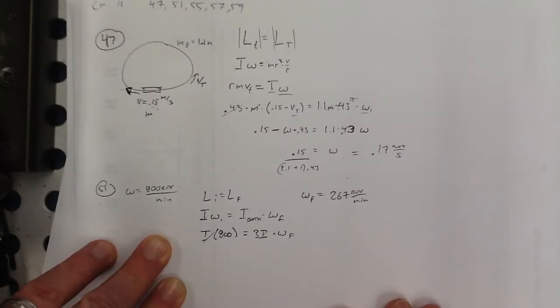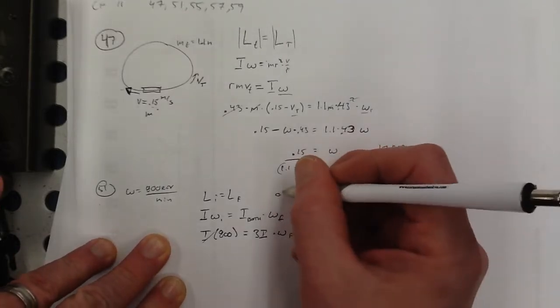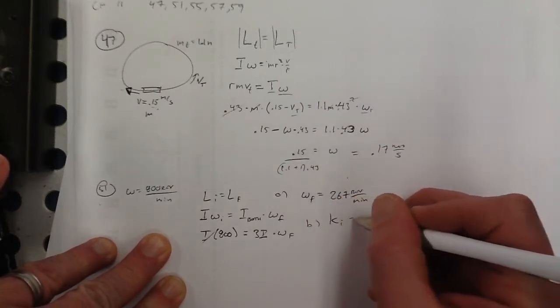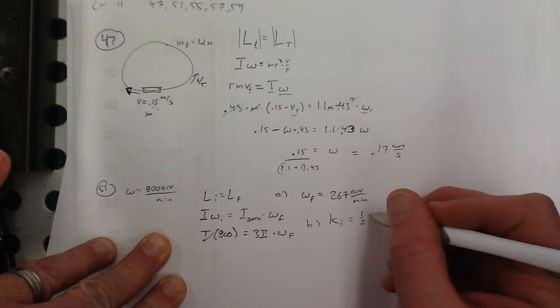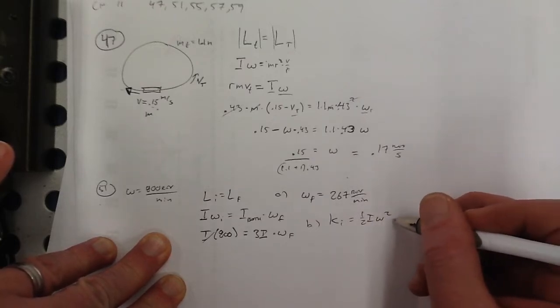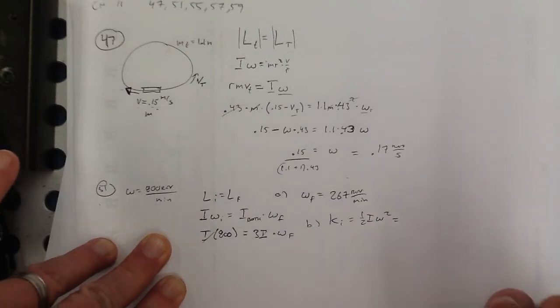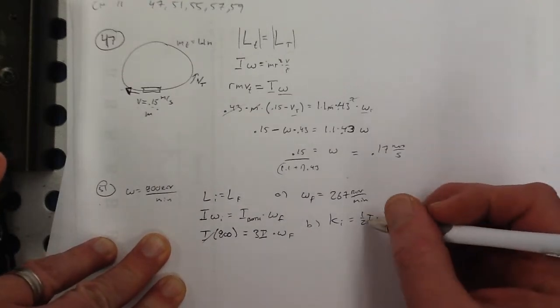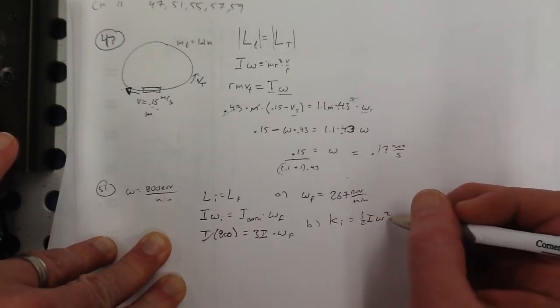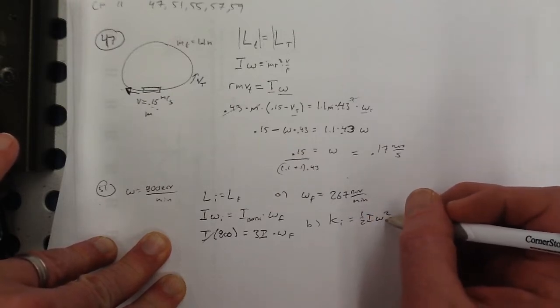And then what fraction of the kinetic energy is lost? Well, the kinetic energy initial is 1/2 I omega squared. I don't know what the I is, so this is going to be in terms of I, but we should still be able to do a what fraction of. So that's 800, and that squared is 160,000.